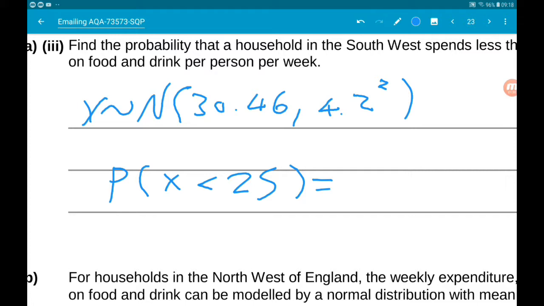Sigma is 4.2 and mu is 30.46. So plug all of that in and I get 0.0968. Cool.